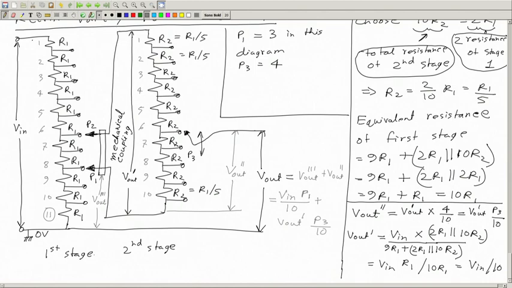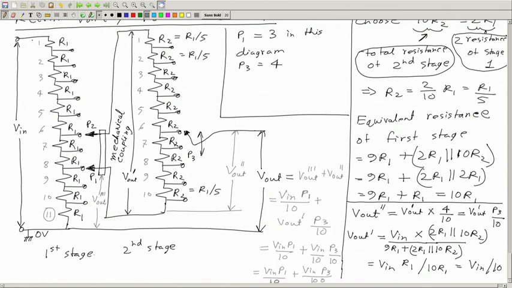So from here, this will be equal to V in P1 by 10 plus, in place of V out prime, let's use this equation, V out prime is V in by 10. So V in by 10 multiplied by P3 by 10. So this is V in P1 by 10 plus V in P3 by 100.